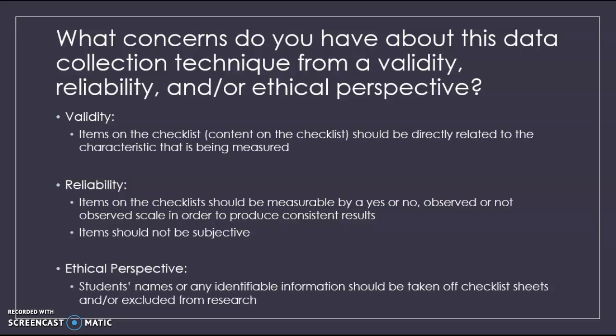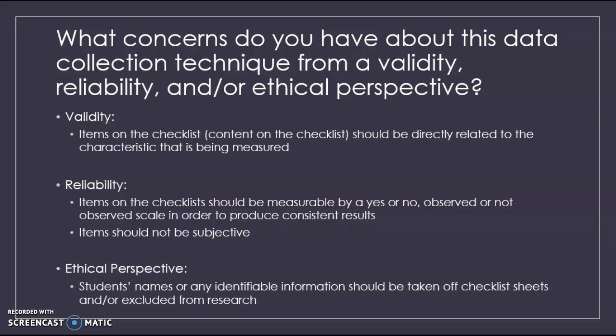What concerns do you have about this? For the validity, you need to make sure that the items on the checklist, or the content, should be directly related to the characteristic that's being measured. So we don't want a checklist on if a student brought a pencil to class if I'm trying to figure out if my math groups and ability groupings are benefiting students.